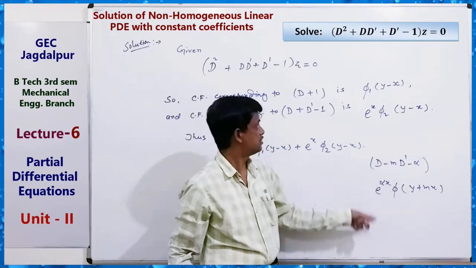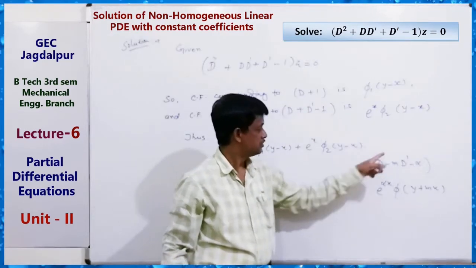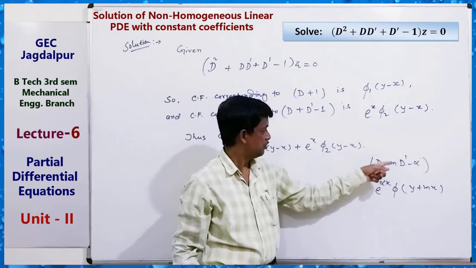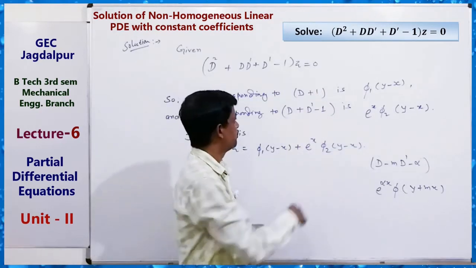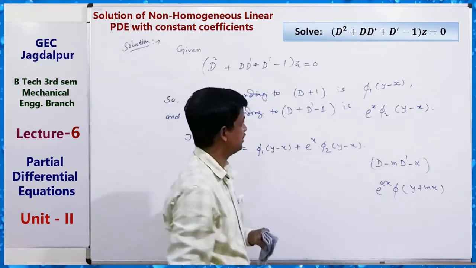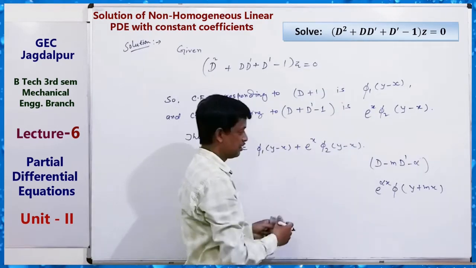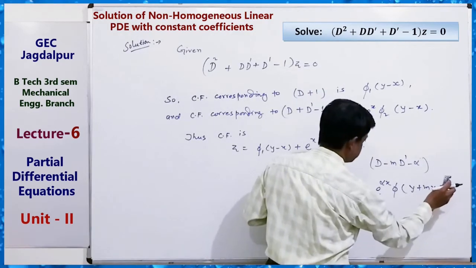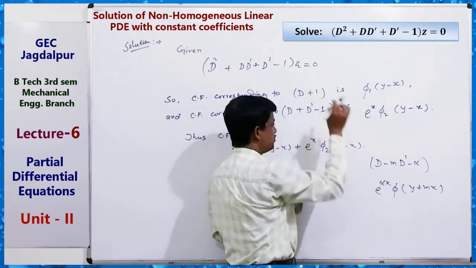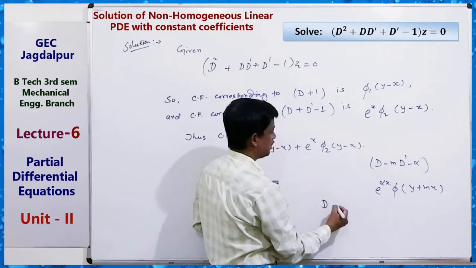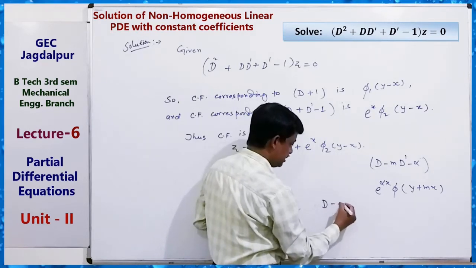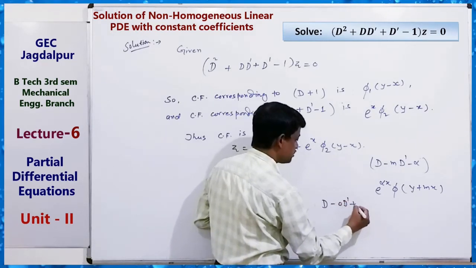This is not using this rule here also. Okay, so there is some mistake. Here D + 1 means (D − 0·D' + 1).